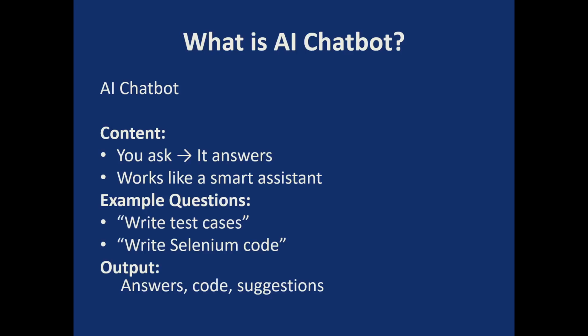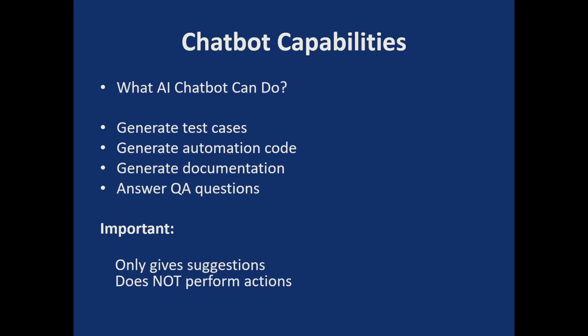If you ask, write Selenium code for login page, the AI chatbot will generate code. So AI chatbot is mainly used for asking questions, getting answers, generating content, generating code, generating test cases, generating documentation. But the important point is AI chatbot only gives suggestions. It does not do the work automatically.